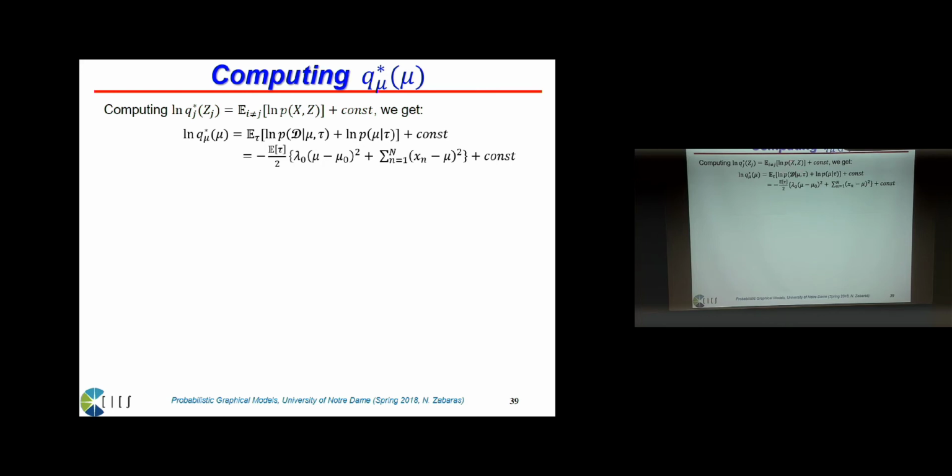Okay, so let's update the variational distribution for mu. We're going to take the expectation with respect to all the other variables. There's only one other variable, which is tau. Here, the joint log likelihood would be the likelihood of the data, which is Gaussian.